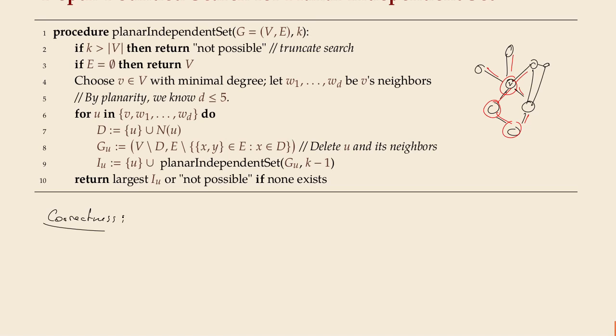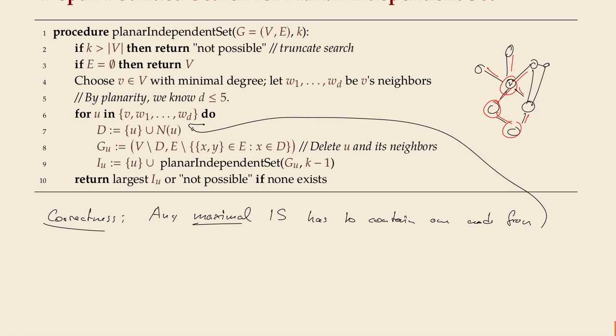Let's briefly restate why this algorithm always finds an independent set of at least k nodes if there is one. So any maximal independent set has to contain one node from this set. That's what I argued in the picture.